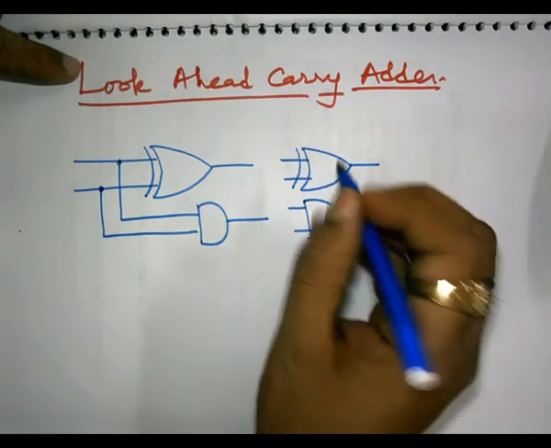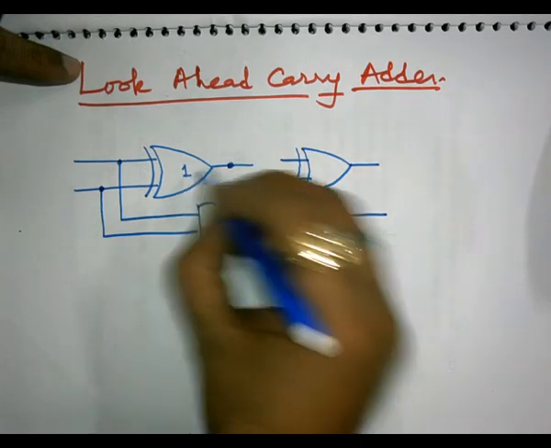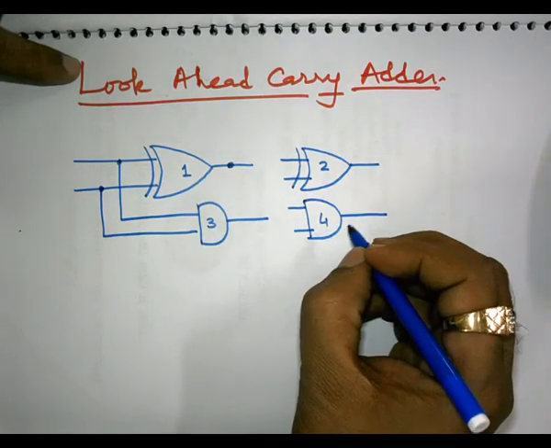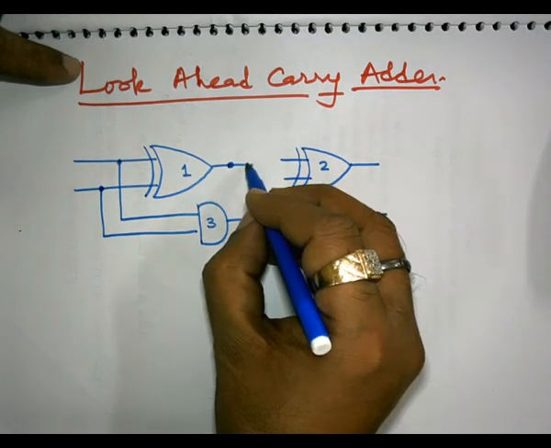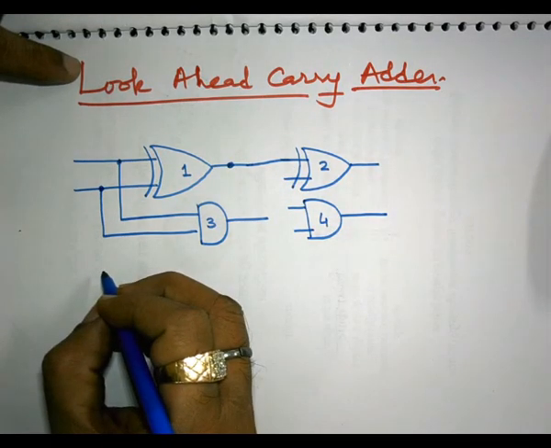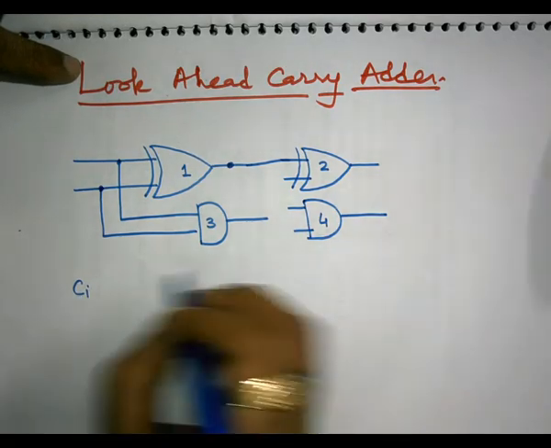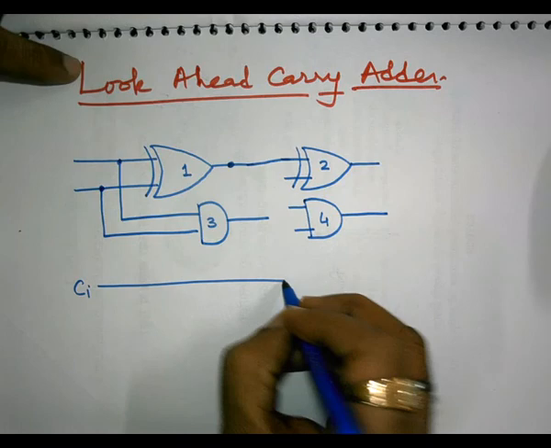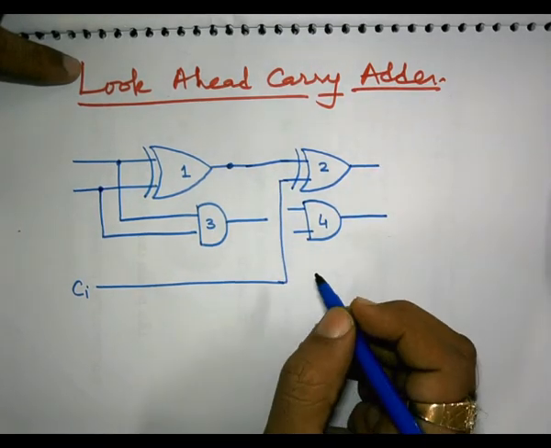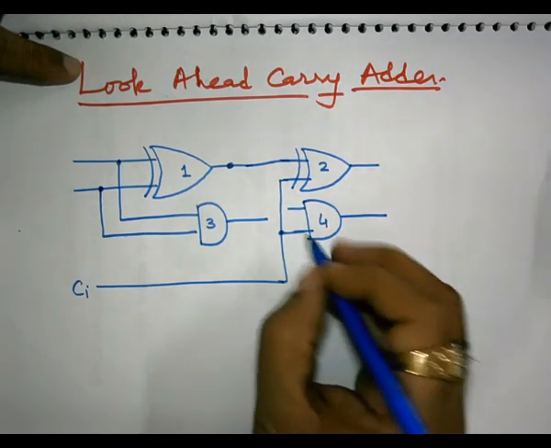Now how are they connected? The output of this exclusive OR gate number 1, this is exclusive OR gate number 2, this is gate number 3 and gate number 4, you may say, is applied to the input of this gate, and together with this a carry in is also coming into the picture, and this carry in is applied to the input of this exclusive OR gate as well as to the input of this gate number 4.